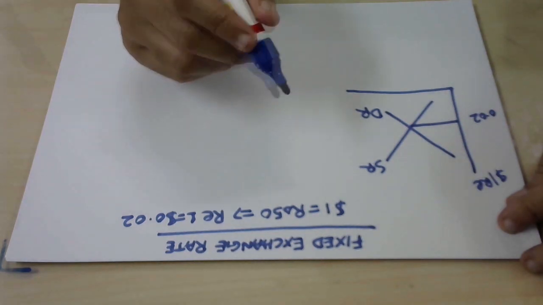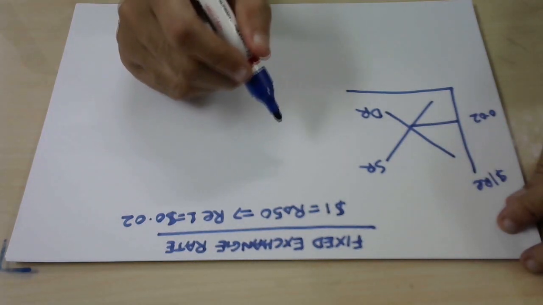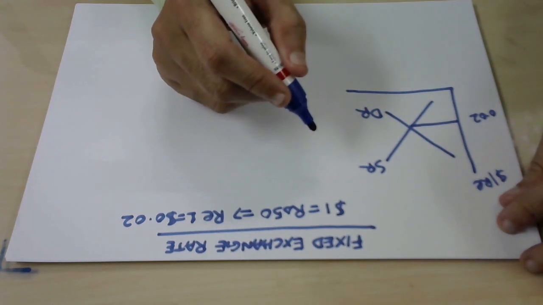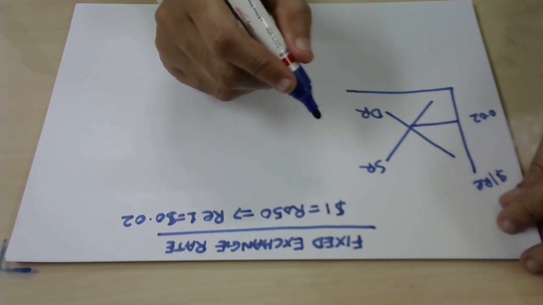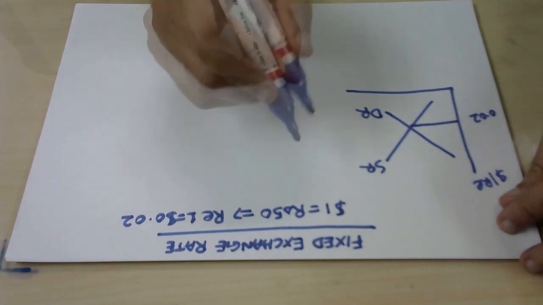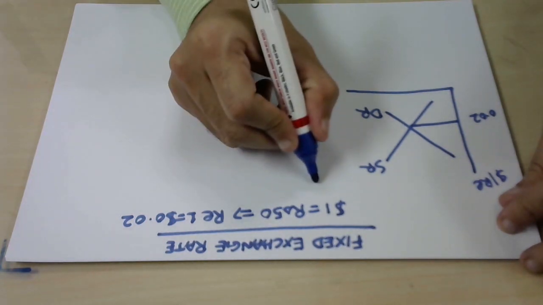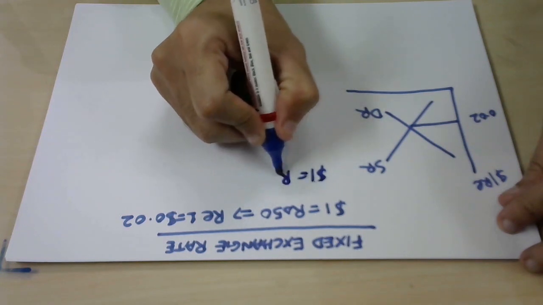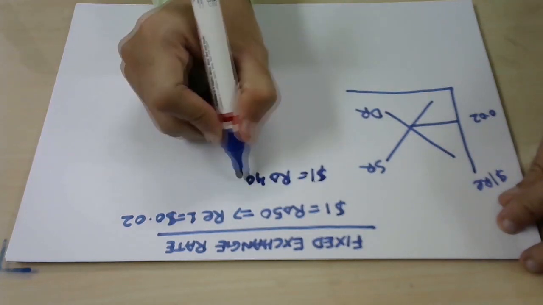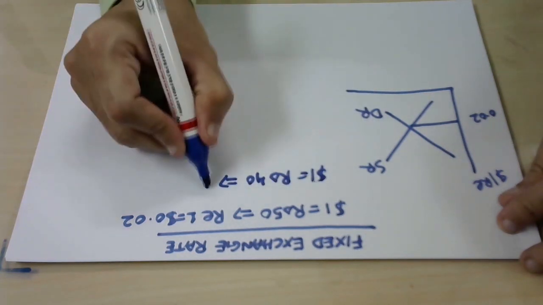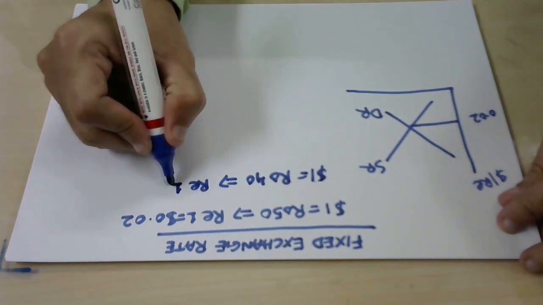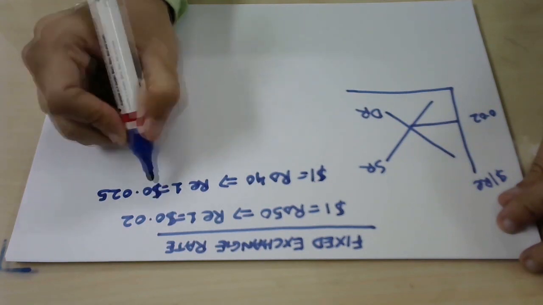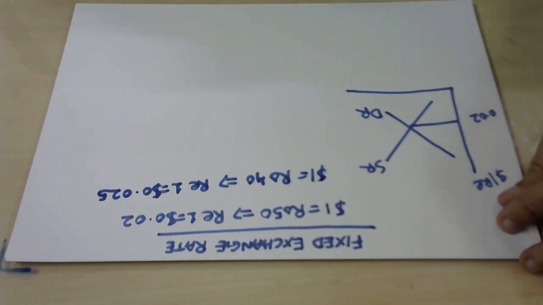If for some reason the exchange rate is at, say, 40 rupees per dollar, we are getting $1 equal to 40 rupees. In other words, the rupee is appreciated; you are getting $0.025 instead of $0.02.